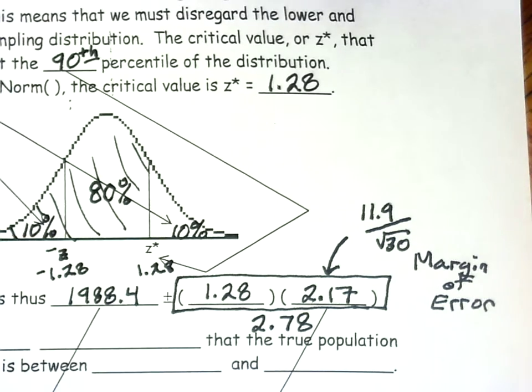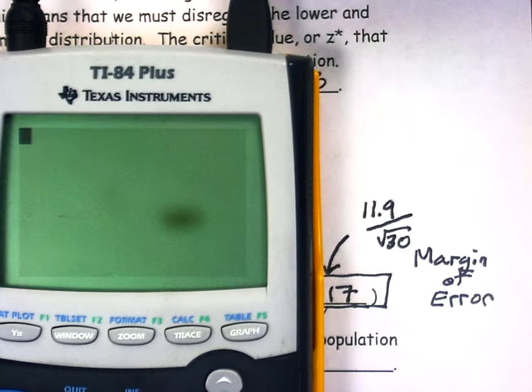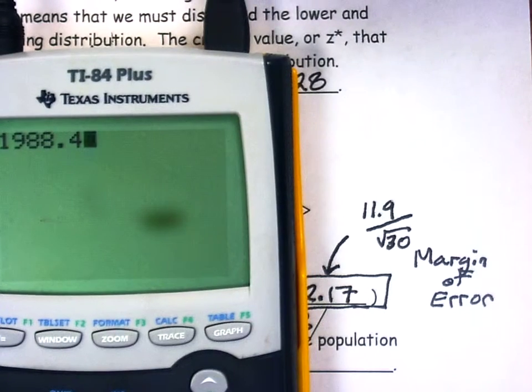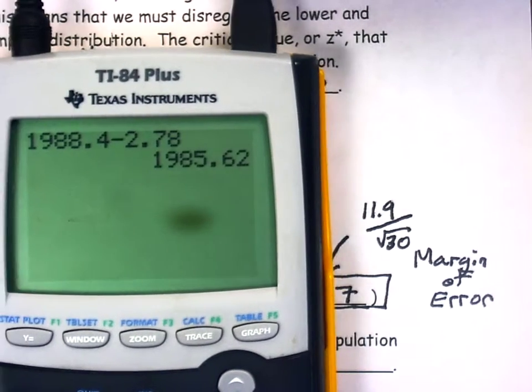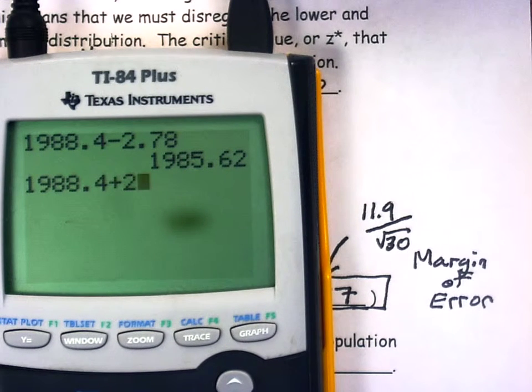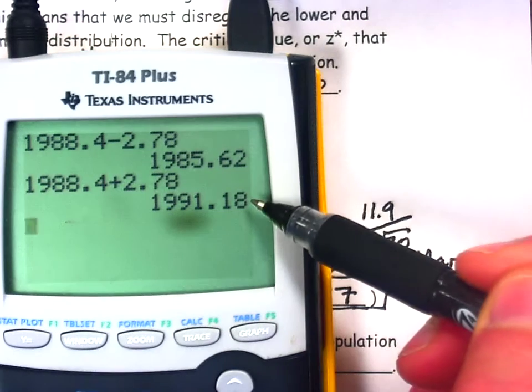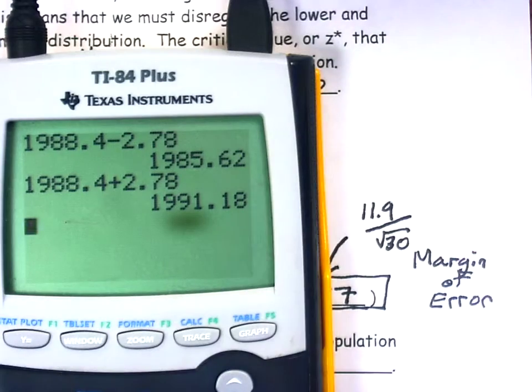So let me do it on my calculator here. 1988.4, I'm going to subtract the 2.78 from it. And I'm going to take the 1988.4 and add the 2.78 to it. This is the lower and the upper boundary for my 80% confidence interval.